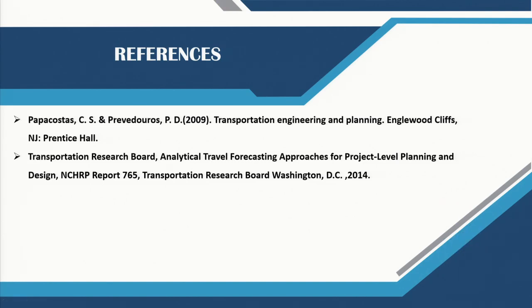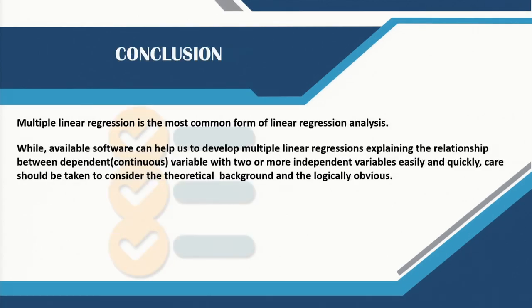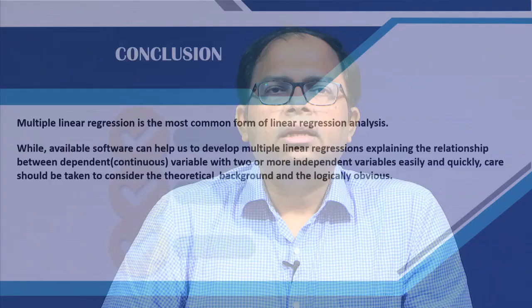So these are the references you can use, and we can conclude by saying multiple linear regression is the most common form of linear regression analysis, and whilst available software can help us to develop multiple linear regression, explaining the relationship between dependent continuous variables and two or more independent variables easily and quickly, care should be taken to consider the theoretical background and the logically obvious.